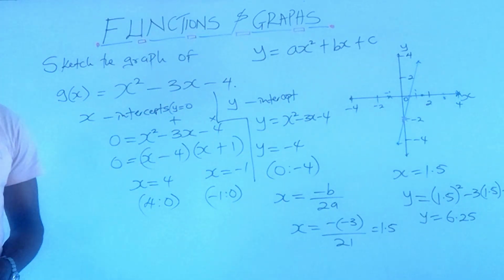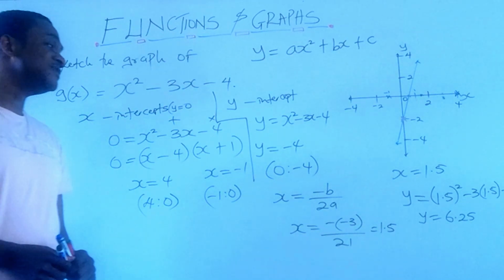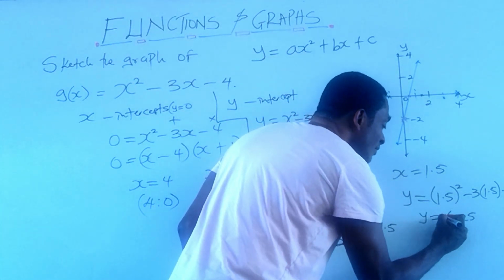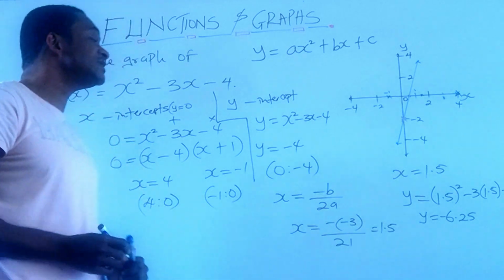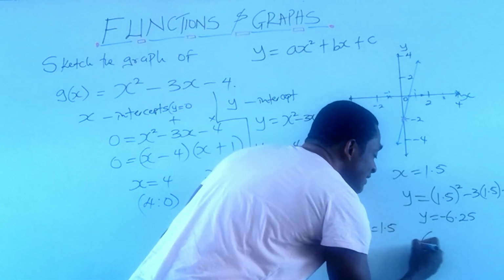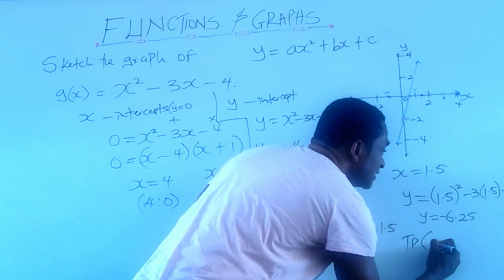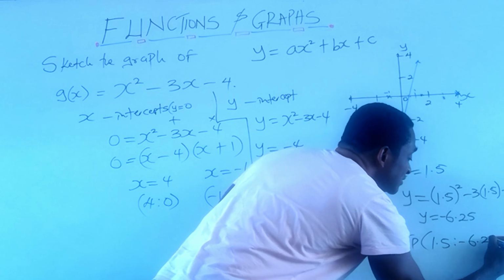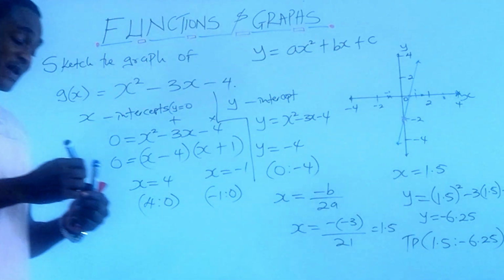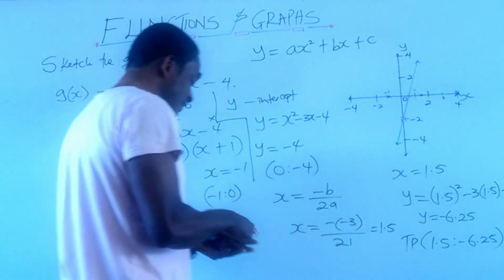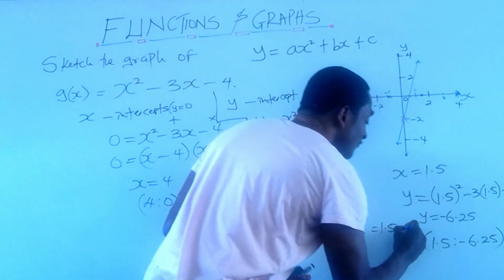Punch your calculator, and you get negative 6.25. It means that the coordinate of our turning point is 1.5 and negative 6.25. And I'm telling you, with these 3 coordinates, you can sketch your graph.